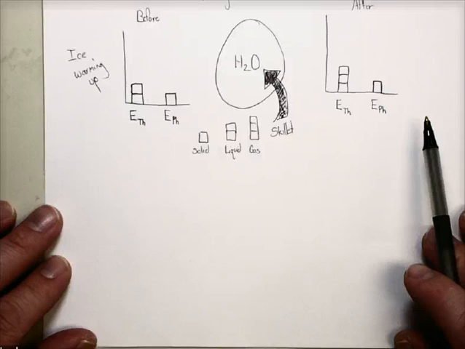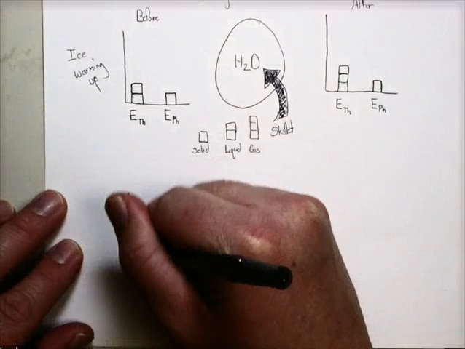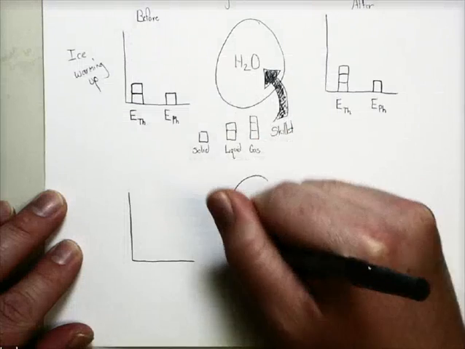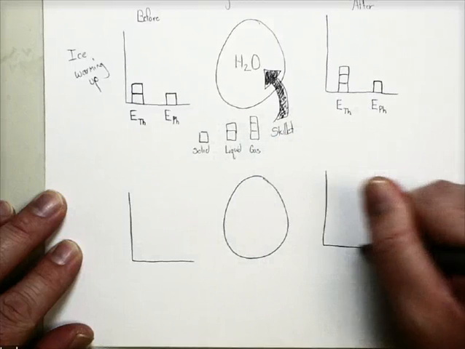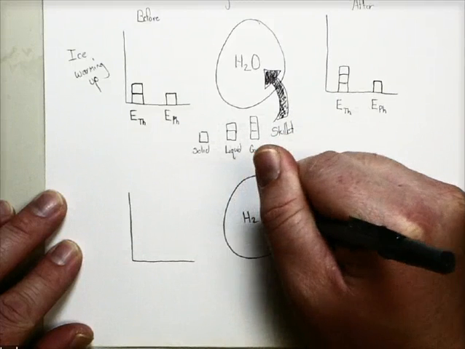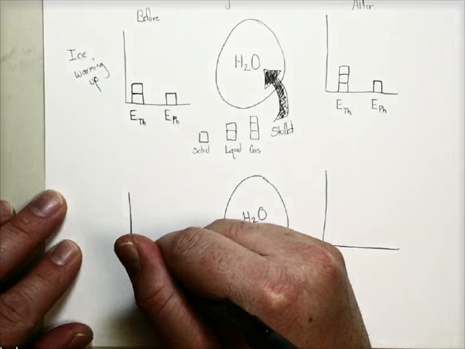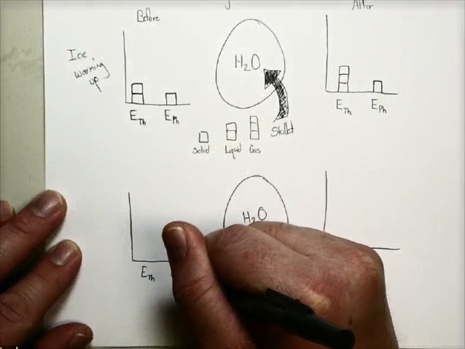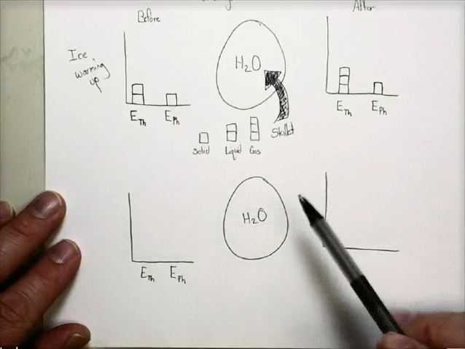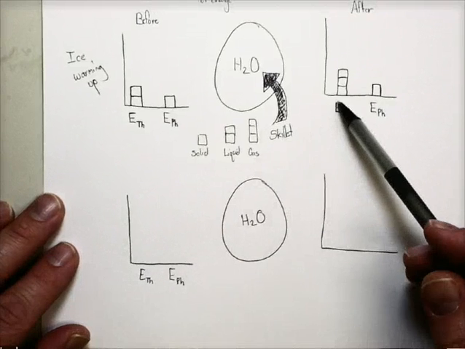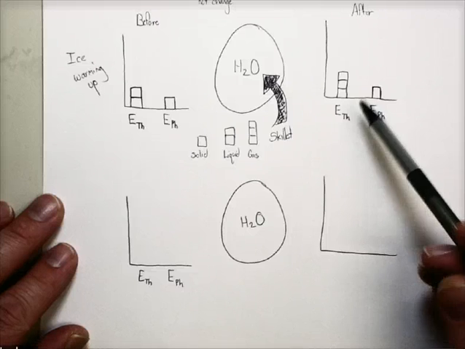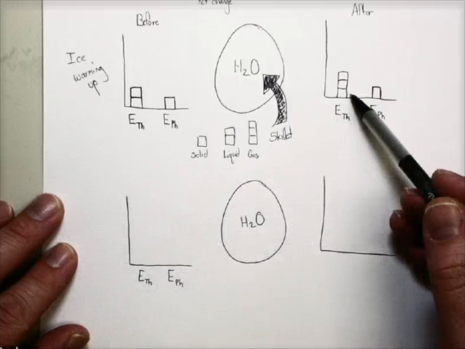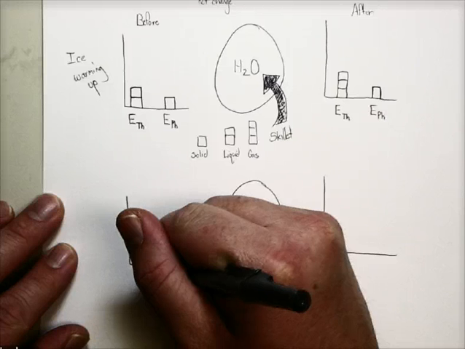So I draw another lull chart. I'm still interested in the H2O. And now I'm doing this for my melting ice. Well, I can assume that once the ice is heated up, that's the situation we were talking about here. So my starting lull chart is just the one I ended with over here.